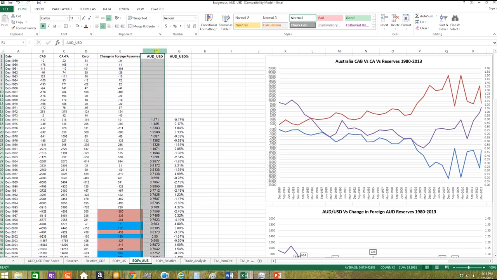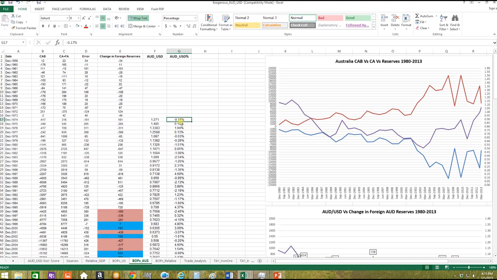What we also have here is the annual percentage change in the Aussie dollar US dollar exchange rate, going back to 1974. And you can see we're looking at obviously a very long time frame in trading terms. We're looking at essentially one year volatility.